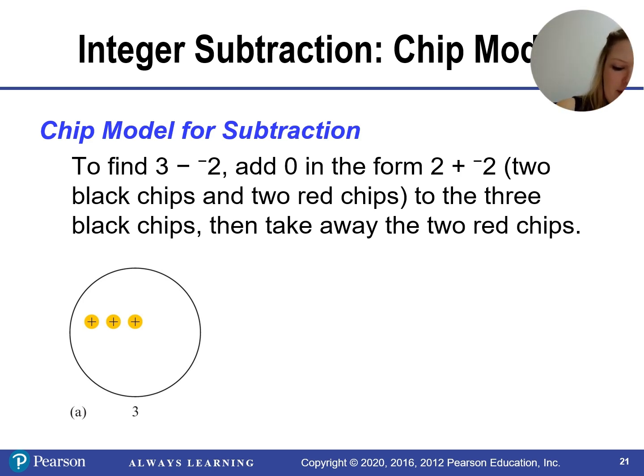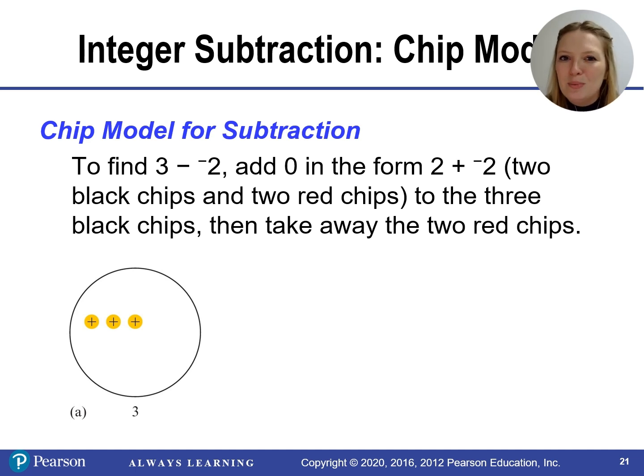If we wanted to calculate 3 minus negative 2, we can first model our positive 3 in our chip model with 3 positive chips. And then I need to take away 2 negative chips. But I don't have 2 negative chips in this model yet.